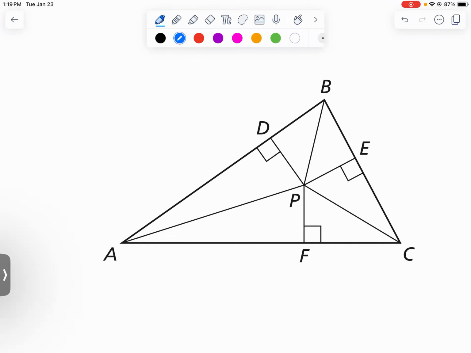All right. So in this triangle on the next page, you'll want to turn the page. P is our point of concurrency where these angle bisectors are intersecting.